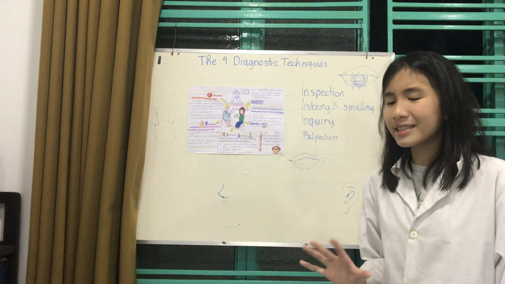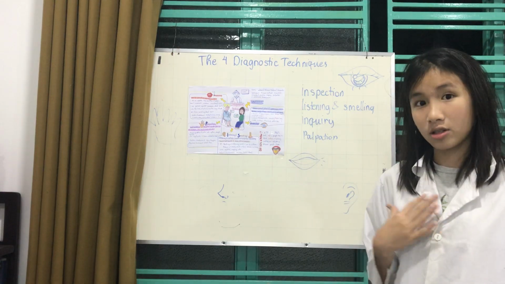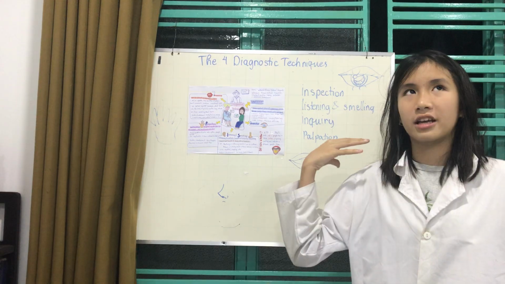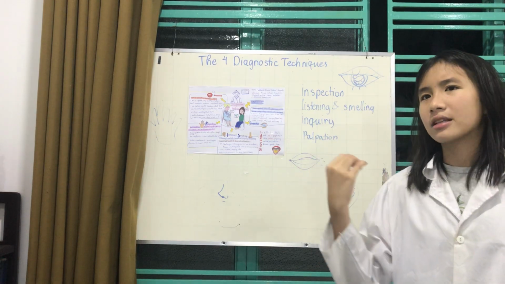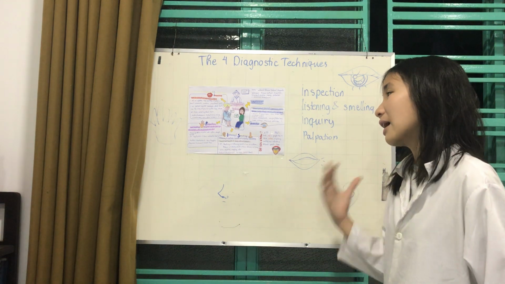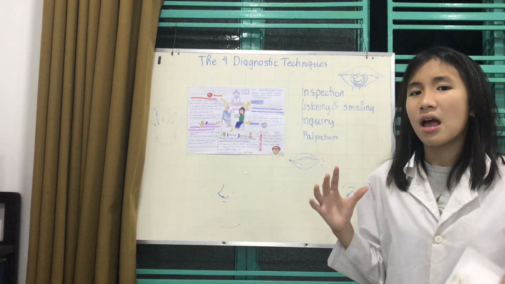So, for example, if I am a traditional Chinese medicine doctor, I will look for bad breath or an unusual body odor. And bad breath and body odor can usually point out that there's something wrong with the patient.